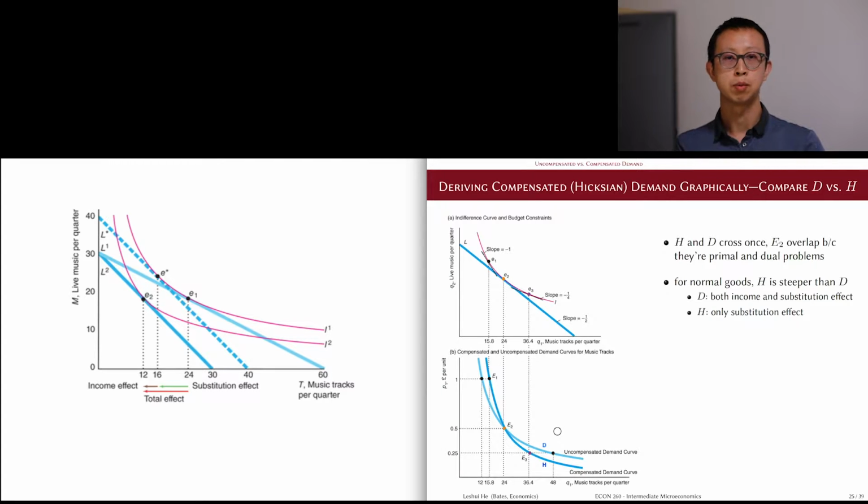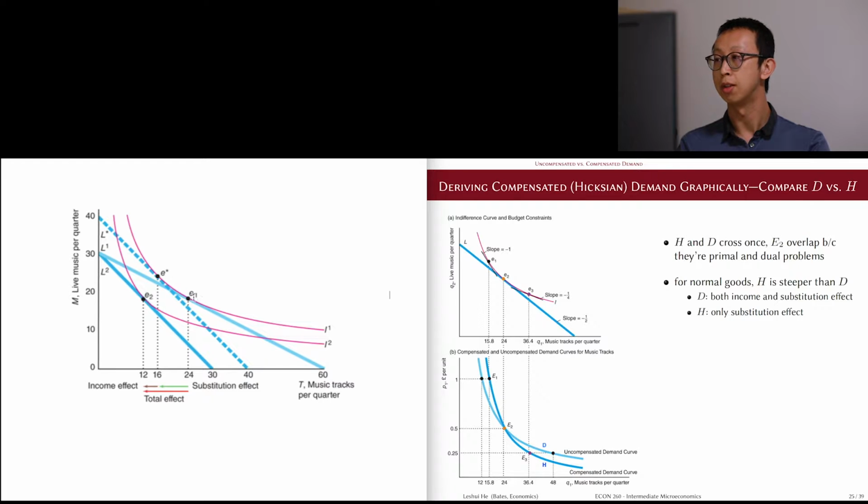Now consider this price of 50 cents as a starting point, and we start to raise it. Then the optimal response from the expenditure minimization problem and the utility maximization problem will start to diverge. And this is exactly what is shown on this graph on the left-hand side.